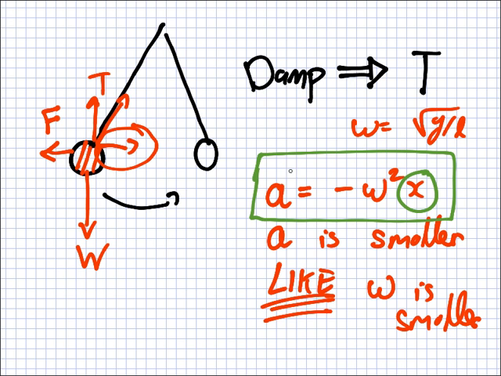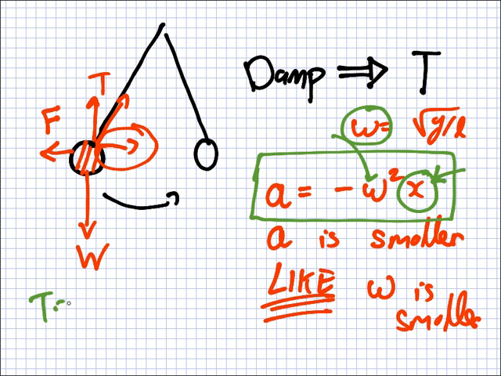The x isn't really changing. Okay, the x is actually getting a little bit smaller too. So you can think about it two ways. Either the x is becoming smaller or effectively the omega is becoming a bit smaller as well. It's almost like you made this smaller. It has the same effect.